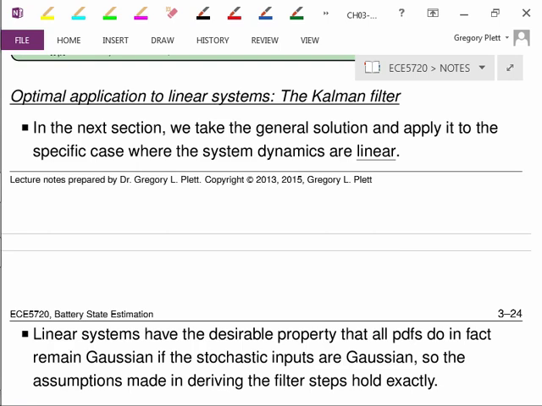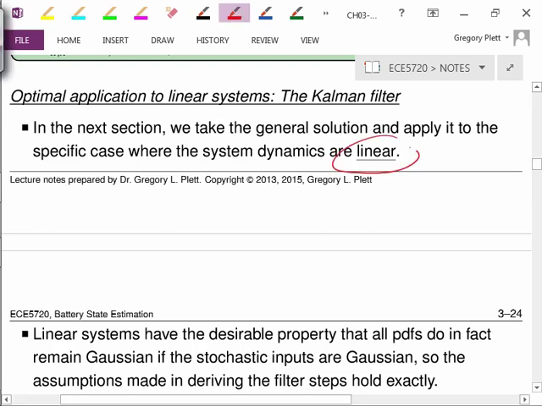And we will apply it to a linearized, very simplified battery model to at least get some insight into how it operates. And then we'll proceed to nonlinear systems. In the next section, we're going to take this generic 6-step solution and evaluate each one of the equations for the 6 steps and get an actual set of math equations that we can implement.